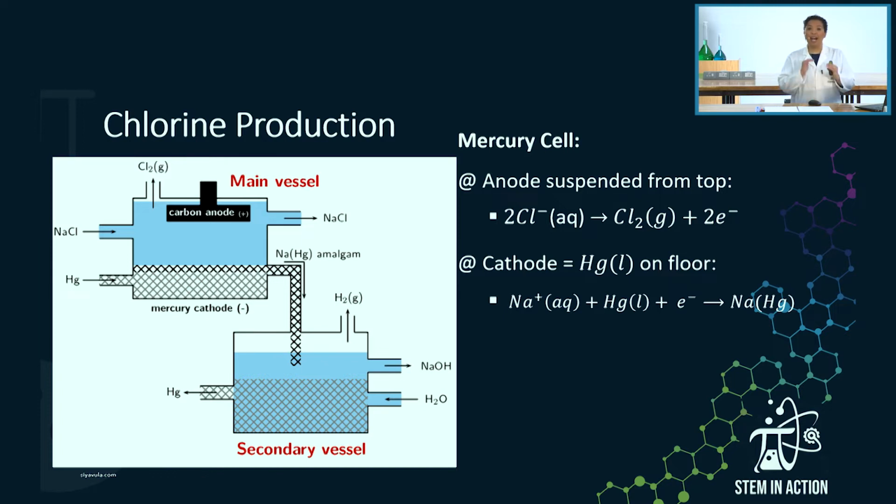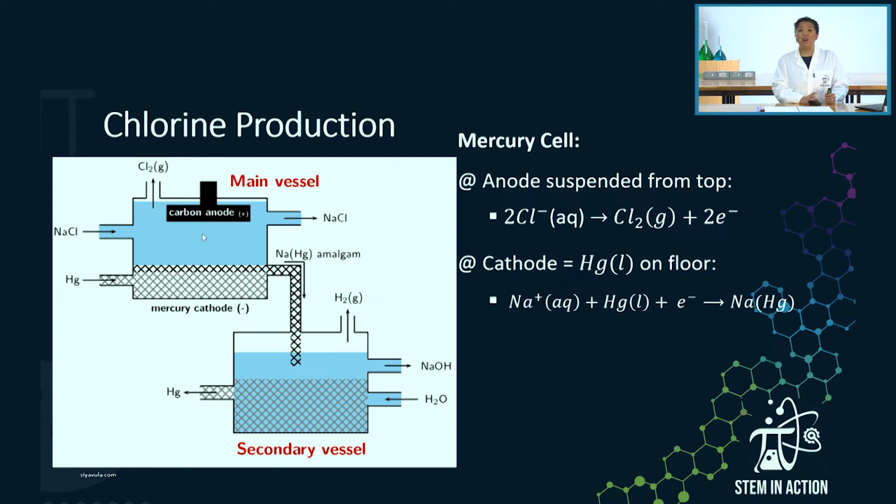So let's see how this mercury cell allows us to get chlorine and sodium hydroxide. So we use a very, very saturated or concentrated solution of sodium chloride, and in industry it's called brine. So the brine, there we have it, sodium chloride is pumped into this main vessel. And there's our mercury layer, and there's our anode.